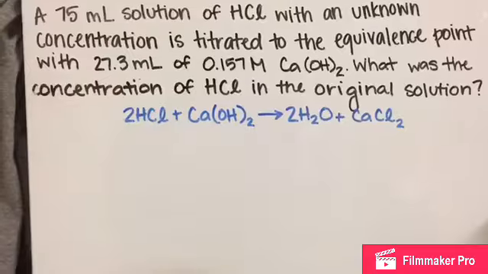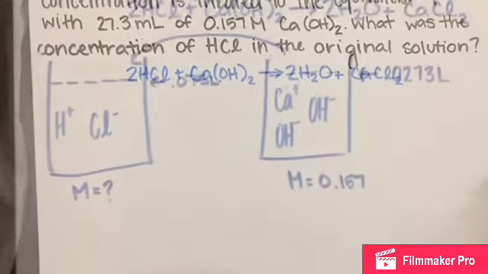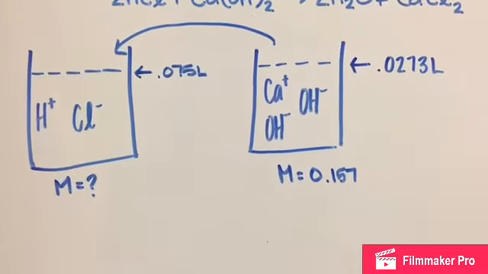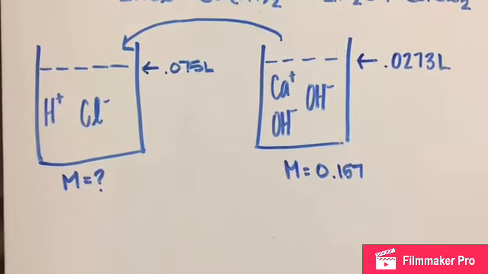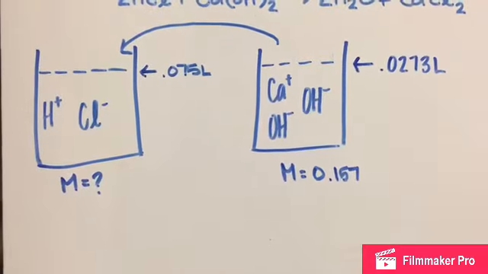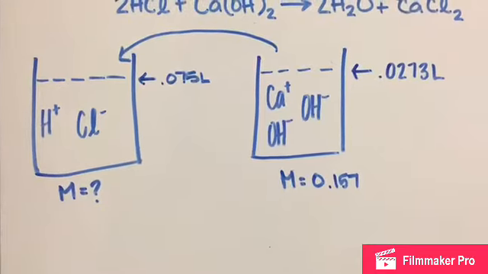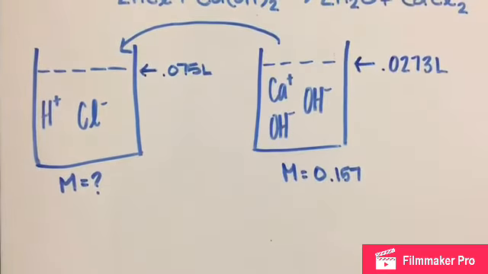Let's first start out by drawing the picture of what this would look like. The particle picture shows us that both the hydrochloric acid and the calcium hydroxide break apart completely into ions because they are both aqueous solutions.